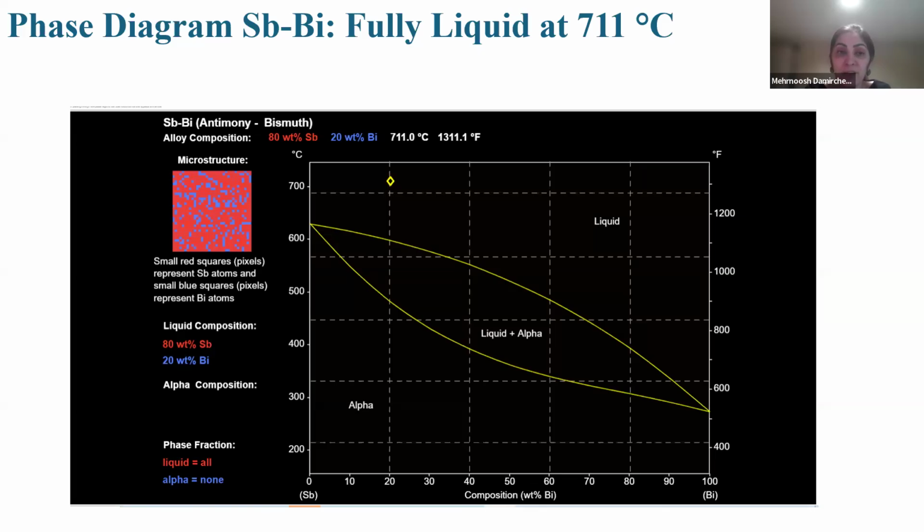And we want to talk about their microstructures, lever rule, and weight fractions, and review everything that we talked about before. For the first one, we look at the Sb-Bi alloy with 8 weight percent Sb and 20 weight percent bismuth. Okay, that means here. We are here.